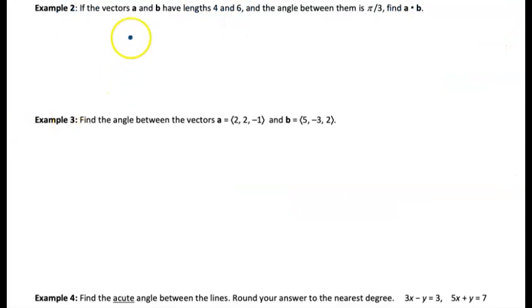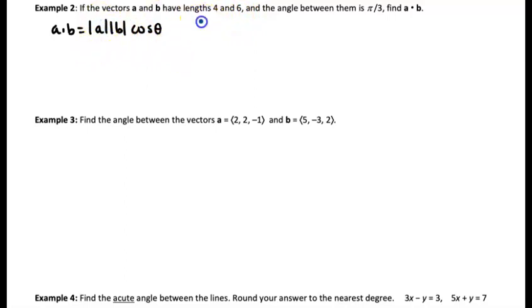Example 2, if the vectors A and B have lengths 4 and 6 and the angle between them is pi over 3, find the dot product of A and B. So I know that my formula is the dot product of A and B is equal to the magnitude of A times the magnitude of B times the cosine of theta. So if these vectors have lengths 4 and 6, well, what is length but really a magnitude?